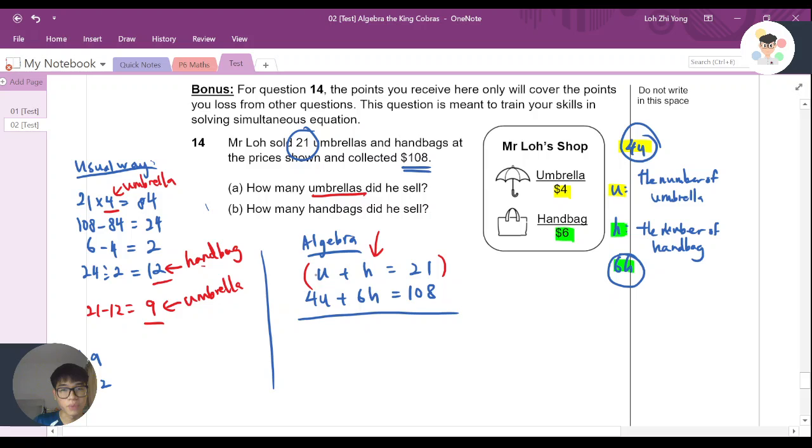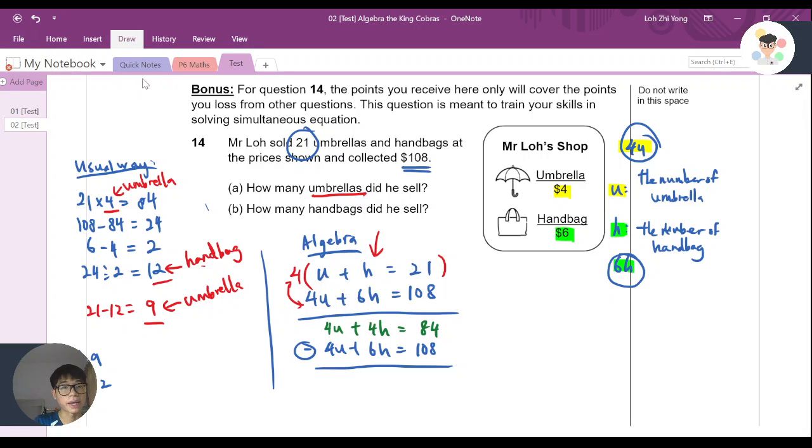To eliminate umbrella, I need to make it the same. So I times 4, so that this 4 and this 4 will be the same. So it will be now 4u plus 4h equal to 84. And repeating the same thing again is 4u plus 6h equal to 108. Since I have it the same, I can actually minus it away.